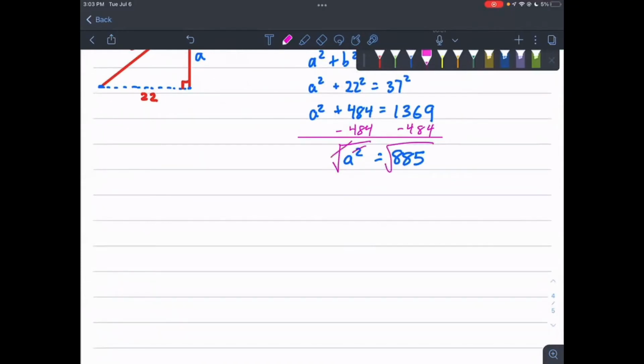Square root both sides, that'll get rid of the 2 on the A, and we end up with A equals 29.7489. So rounding to the nearest tenth, we want to look at the number to its right. It's not 5 or more, so that means the 7 is going to stay 7.